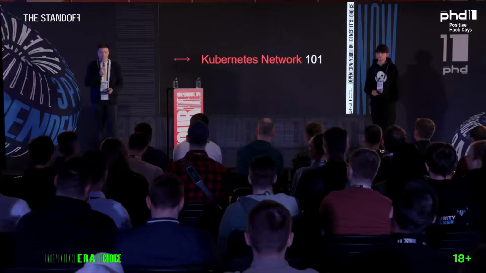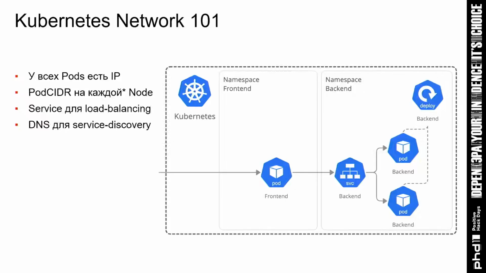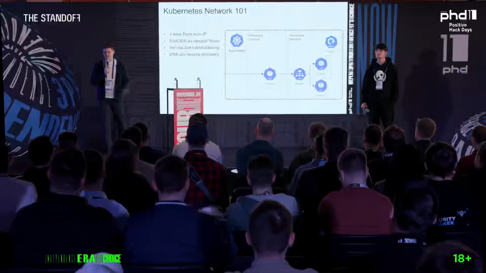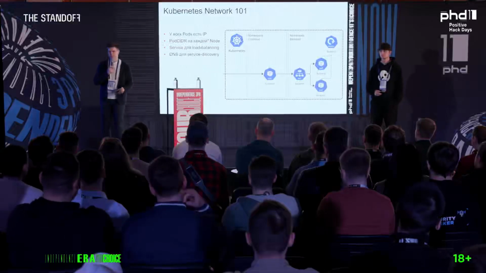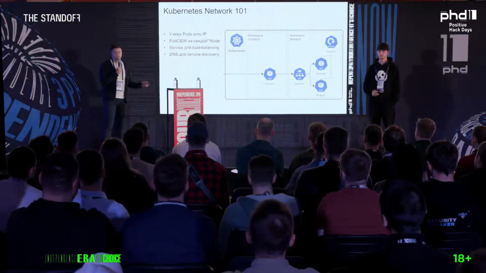Let us start with the very beginning. Probably not all of you know how it all works in Kubernetes. Kubernetes has a very flat network. All pods have IP addresses, and by default, communication goes through DNS service discovery. So they address each other by names, and IPs themselves do not really mean a thing in Kubernetes.